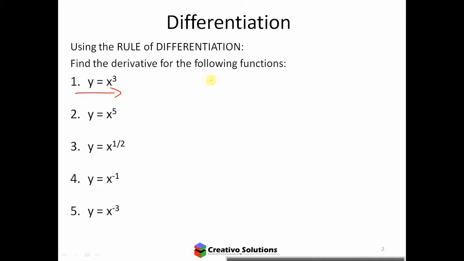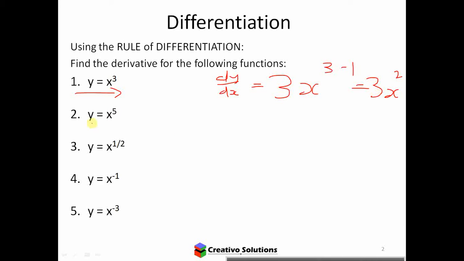So what is the derivative of that? What would dy over dx be? 3, write down the n, and then x, and then what's it? 3 minus 1. So it's 3x squared. Does that make sense?